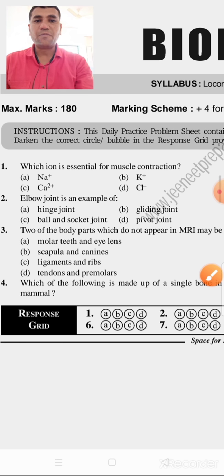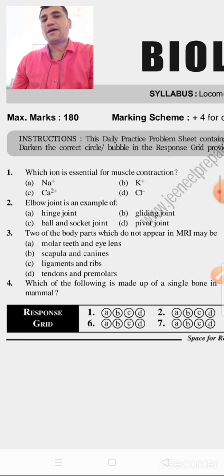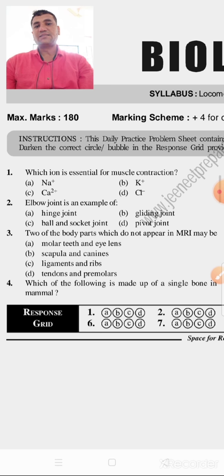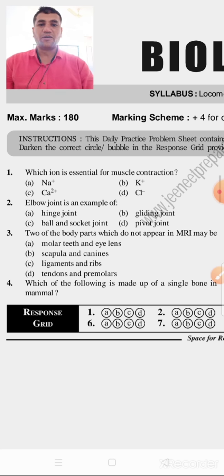Two of the body parts which do not appear in MRI may be: A, molar teeth and islands; scapula and canines; ligaments and ribs; tendons and premolar. Scapula is the bone present on the back side of the body, which cannot be seen in the MRI scanning.